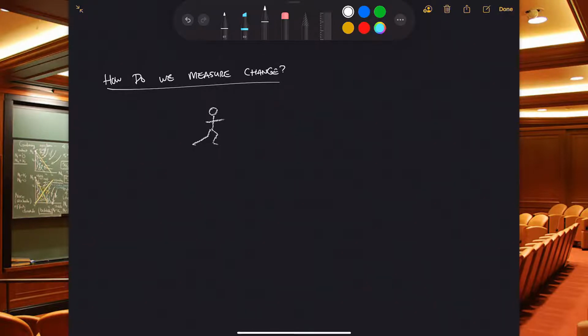We're thinking his change of position from where he started running to where he ended. So if he started at the 2-mile mark and he ran to the 5-mile mark on the track, how far did he run, or how much change was there in position?